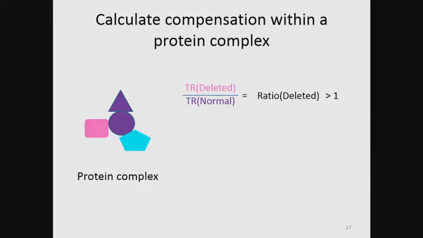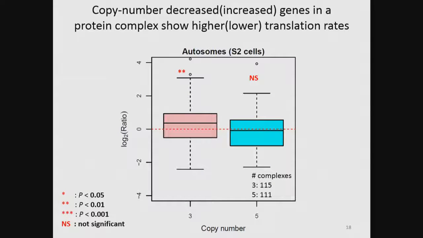This uses the protein complex as a way to control functional consistency, because the genes in the same protein complex are expected to be involved in the same process. Similarly, for the copy number increased genes, if there's compensation happening, we expect a smaller ratio than 1. This is exactly the case we observe for the S2 cell line.